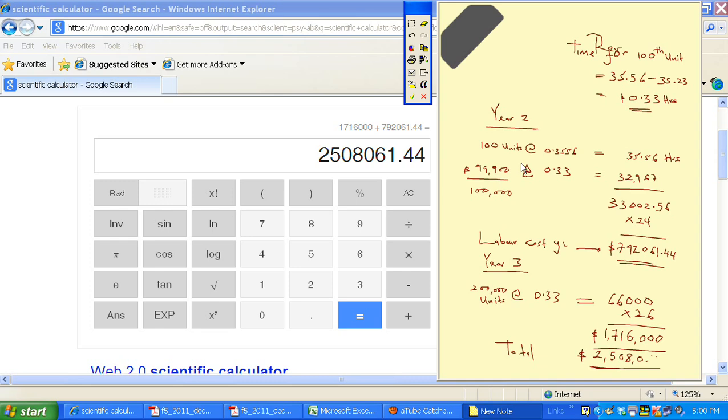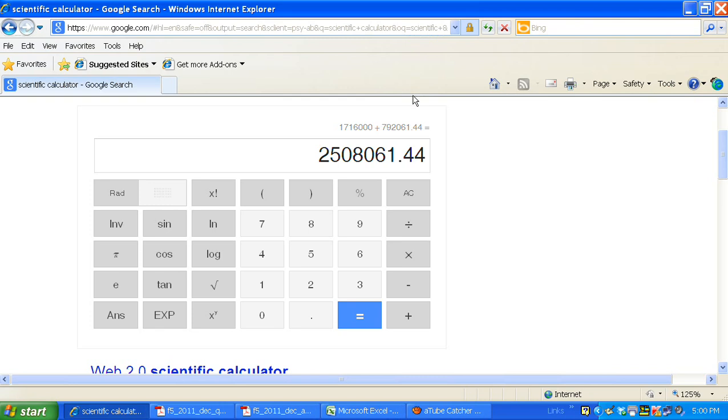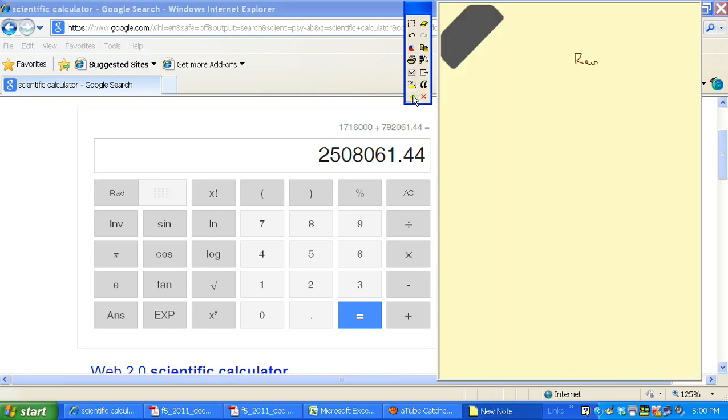We've been told to calculate the revised life cycle cost. So what was the original cost?